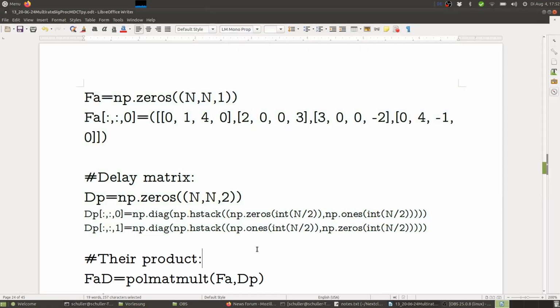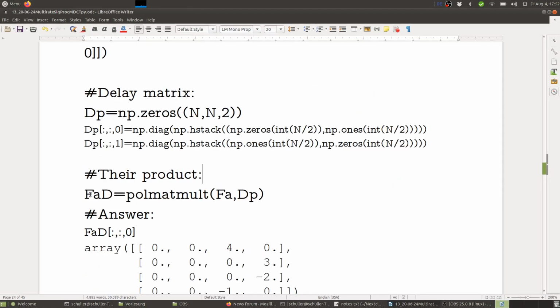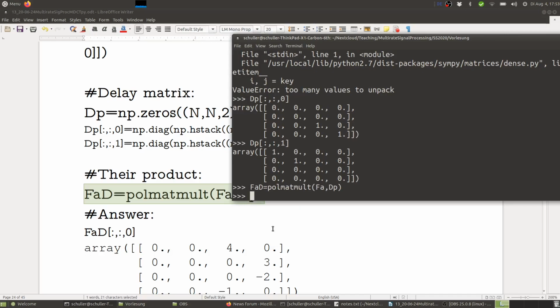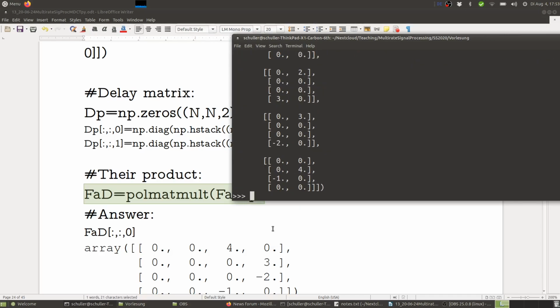And then we compute the product. Polymatmult. Copy. Did I actually import it? Let's see. Yes. So FA, D. Yeah, so again it's easier to specify the dimensions directly.